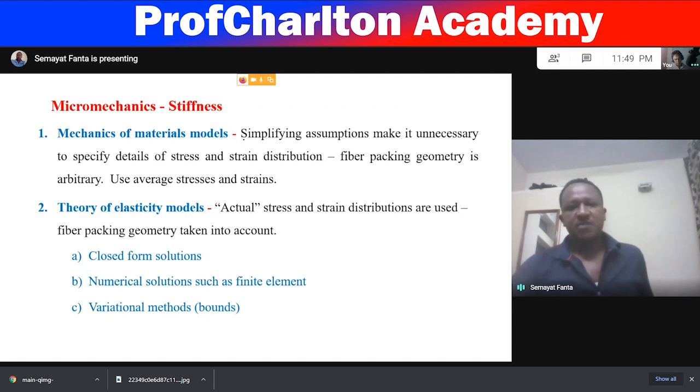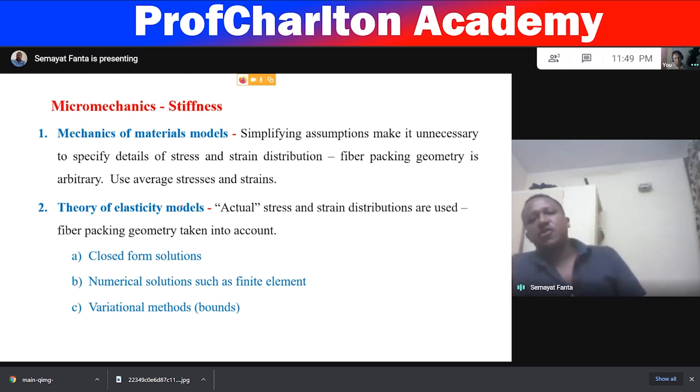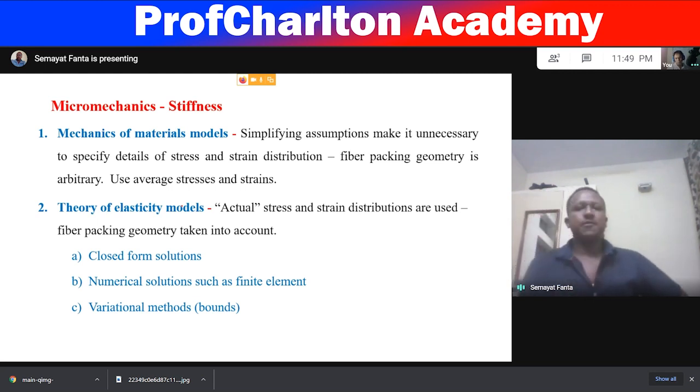In mechanics of materials, we actually use different models. One is the mechanics of material model, another is the theory of elasticity model, and there are also some empirical or explicit models. In the case of the mechanics of material model, simplifying assumptions make it unnecessary to specify details of stress and strain distribution.